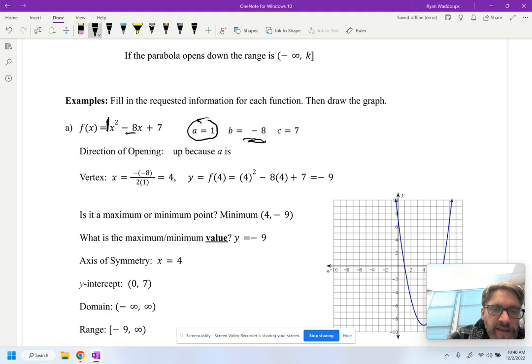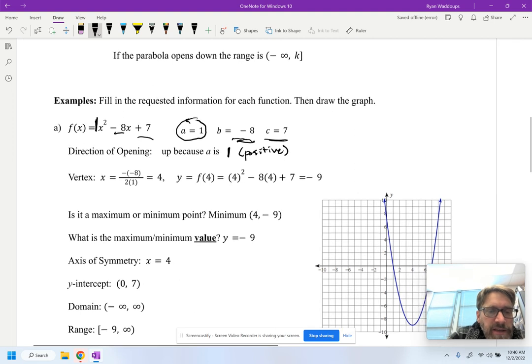And c is 7 because it's in standard form. So this opens up because a is 1, which is positive. So this opens up.